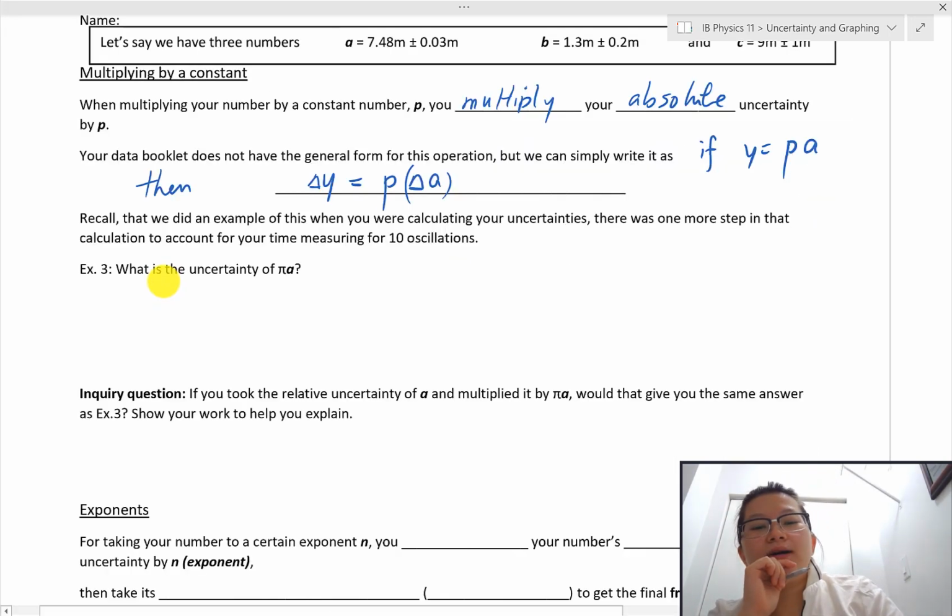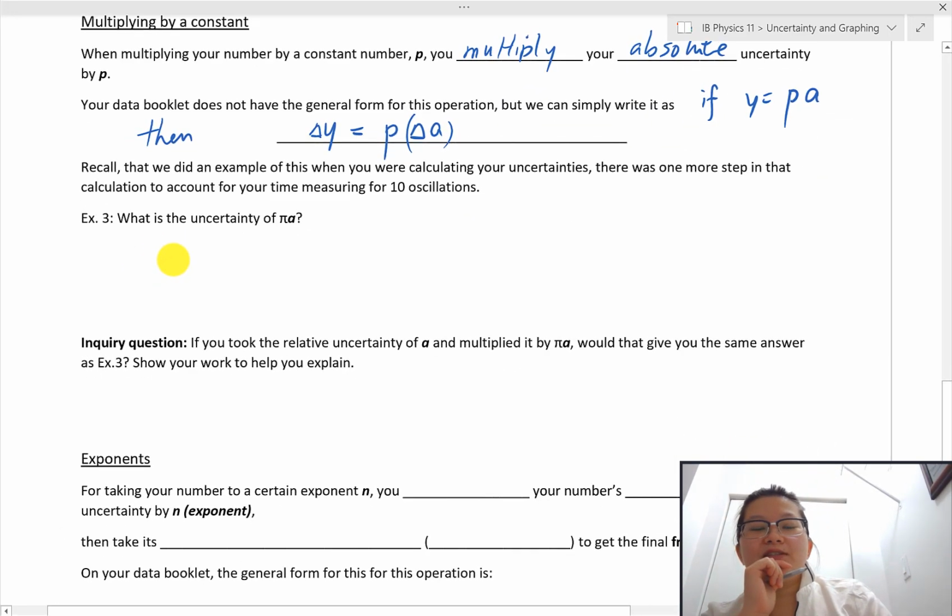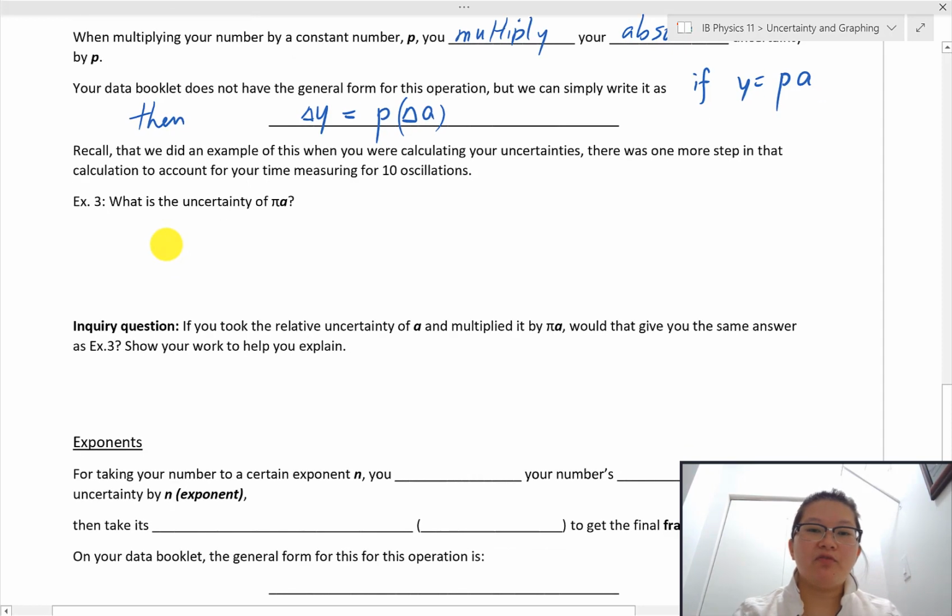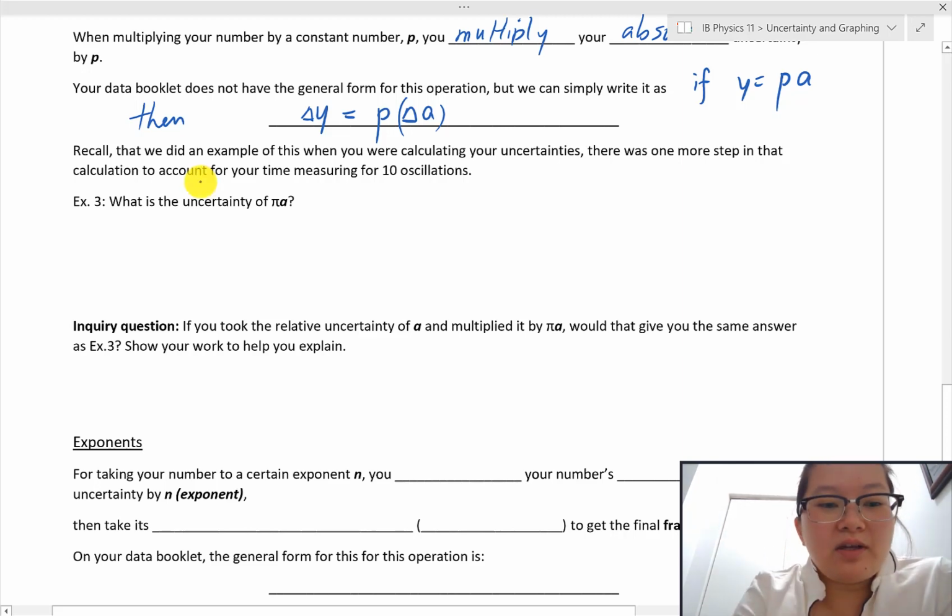You might have done a similar example before when you looked at one oscillation where your data contained all 10 oscillations and you had to divide everything by 10. That was an example of that. So I'm just going to do the one example here. Hopefully it's pretty straightforward. Let's say we want the absolute uncertainty of pi times a.